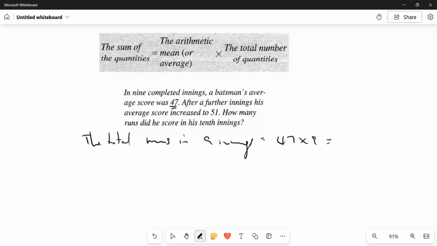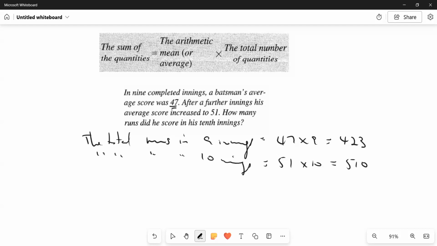Tell me what that is. 423, sir. 423, good. From the other piece of information, after a further innings, his average score increased to 51. So in 10 innings now, the total number of runs would be equal to 51 by 10, which is 510. Yes, sir.